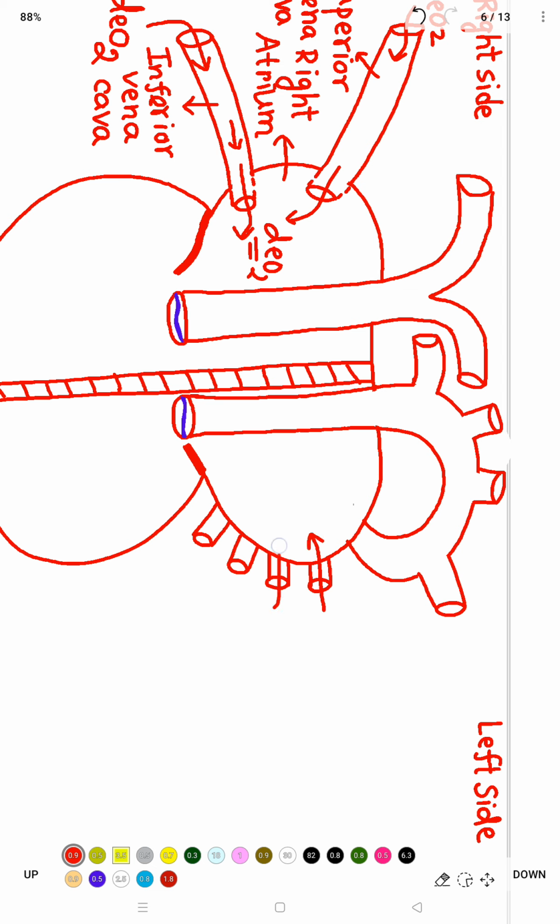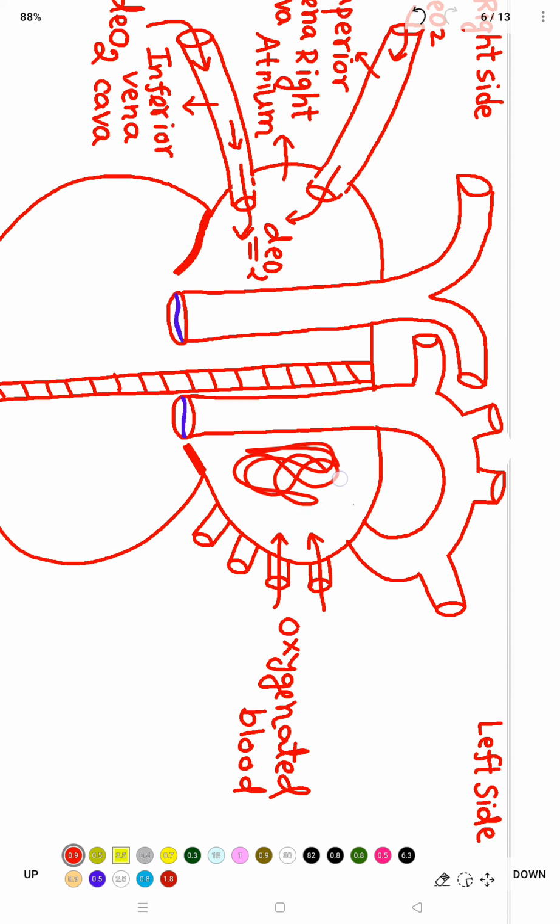oxygenation, the oxygenated blood comes inside this left atrium, through these pulmonary veins.